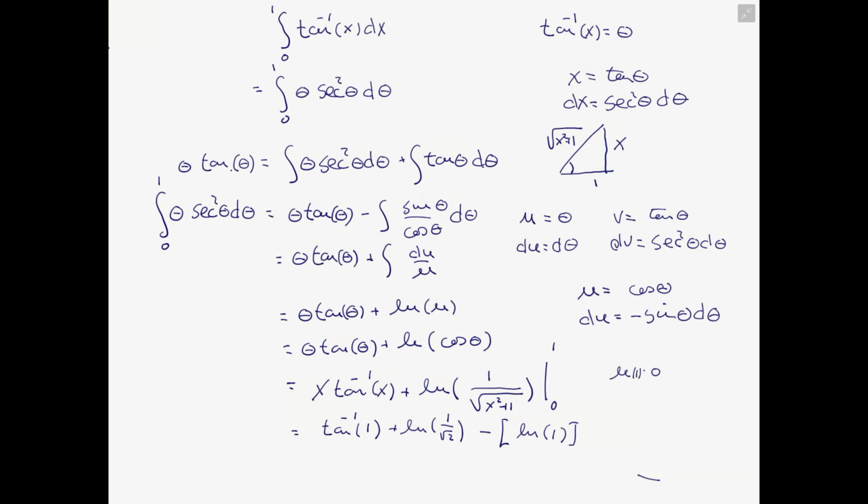Ln 1 equals 0. So then what we have here is pi over 4 plus the natural log of 1 on the square root of 2. And that's our answer.